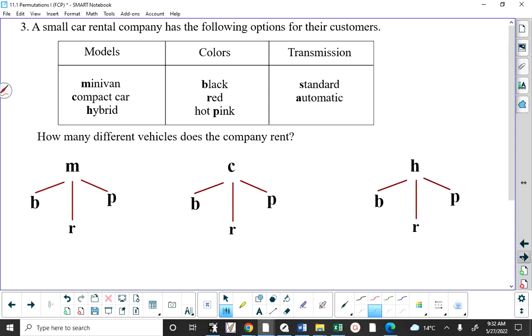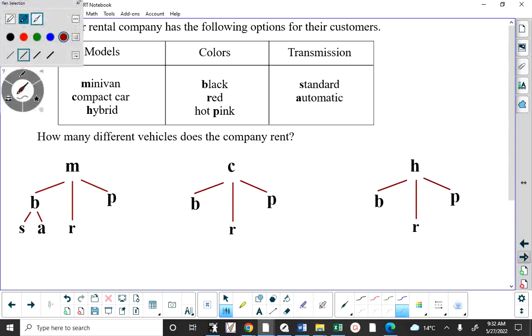Minivan black, minivan red, minivan pink, compact black, compact red, compact pink, hybrid red, hybrid black, hybrid pink. But each of these branches off into standard and automatic. So that S and A there means 2 options. Minivan that's black with a standard transmission, minivan that's black with an automatic transmission.